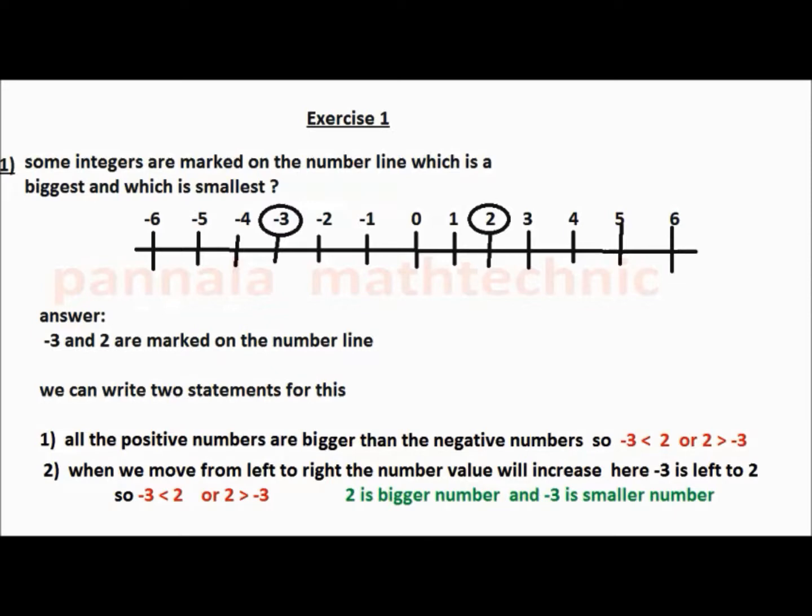On the next statement, when we move from left to right, the number value will increase on the number line. So here minus 3 is moving towards 2, from left to right. So minus 3 is less than 2, or 2 is greater than minus 3. 2 is the bigger number and minus 3 is the smaller number.